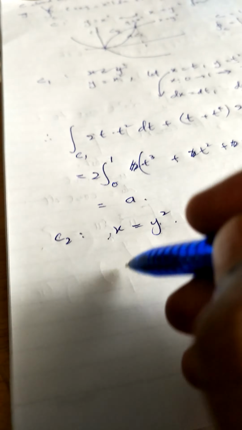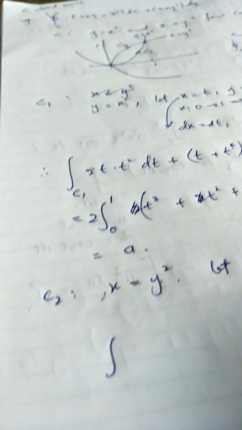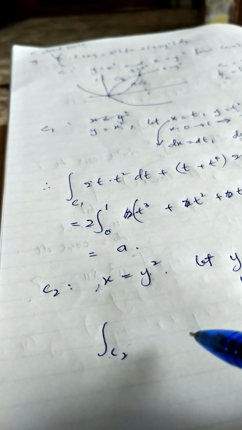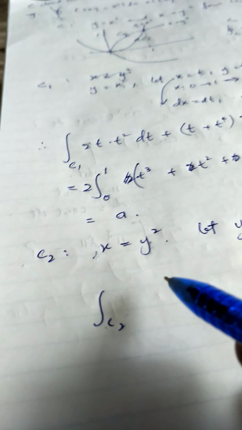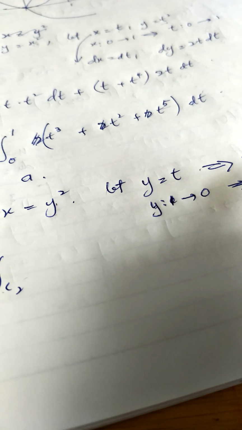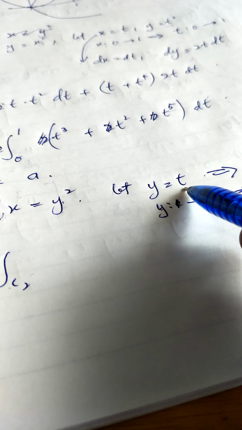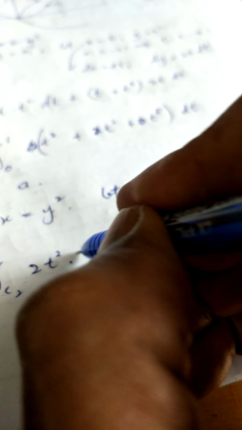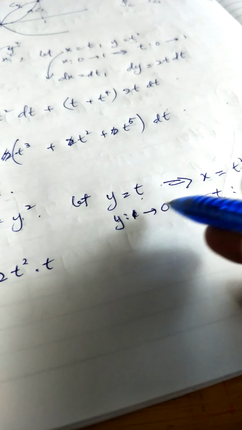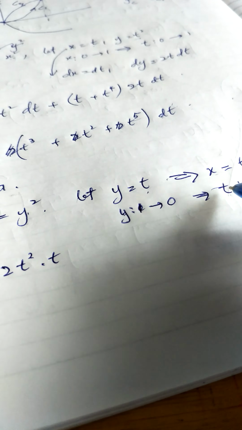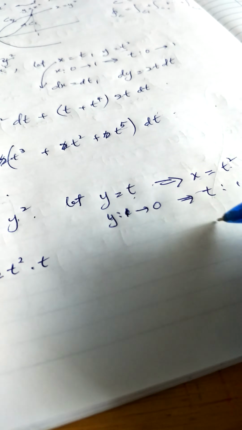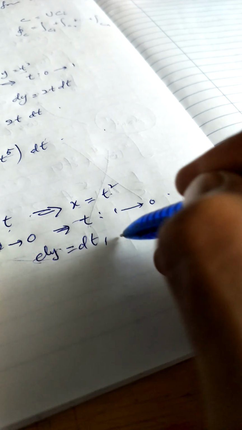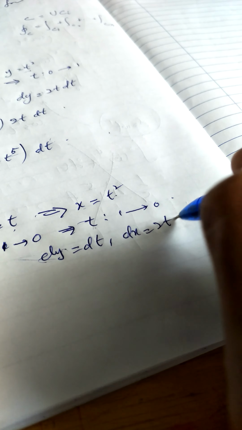Now you can evaluate. Substitute everything. Along C2, inside the 2xy, our x is t squared, y is t. So we have 2 t squared times t, dx. We need dx. dy equal to dt, dx equal to 2t dt.